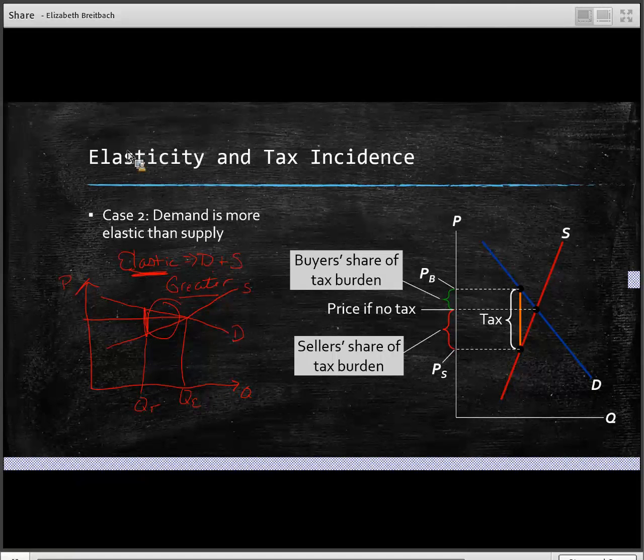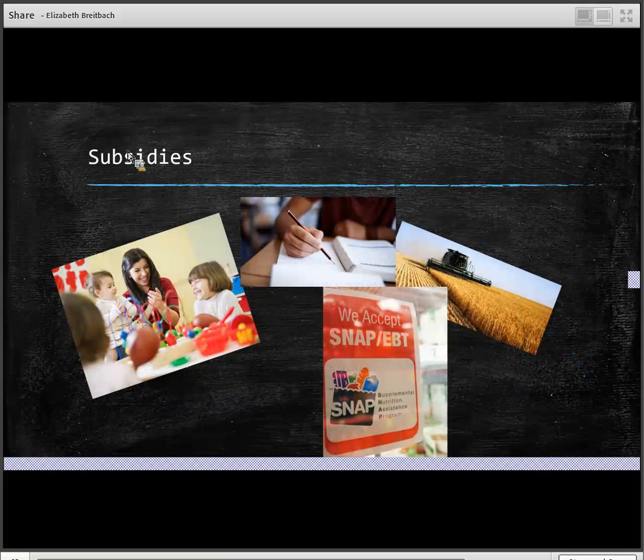All right. Now let's talk briefly about subsidies. Subsidies is a term that we don't hear very often, but it's going to be the reverse of a tax. So whereas in our pizza example, we paid $1 for the pizza, we had to add $1 tax, and our total then was going to be $2.